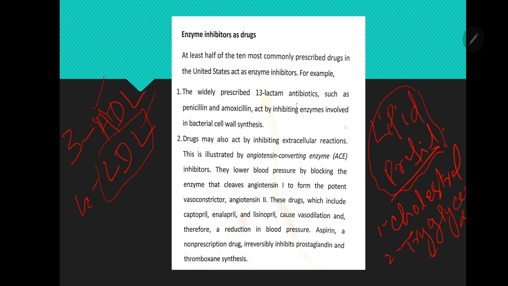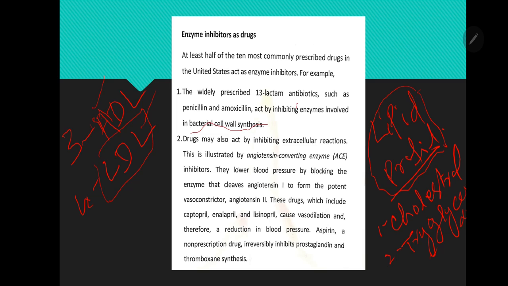They act by inhibiting enzymes involved in bacterial cell wall synthesis. This is how penicillin functions as an antibiotic, and amoxicillin is very important.